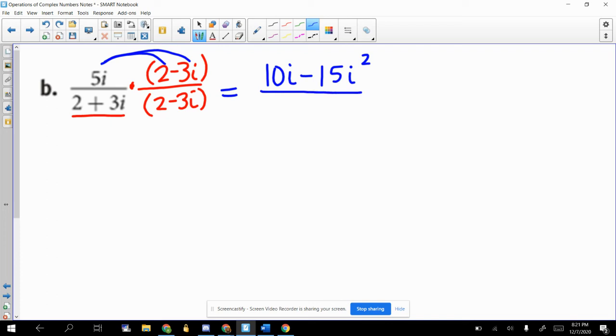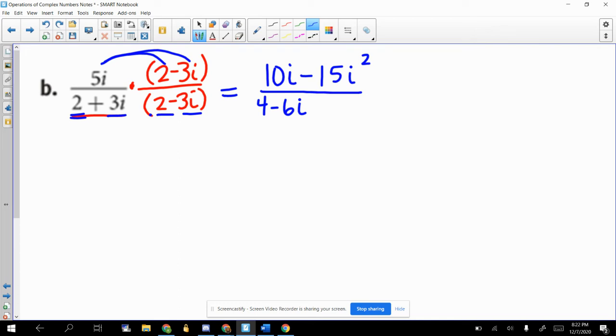Okay. Then on the bottom, unfortunately, we are going to have to FOIL here. But remember, these are complex conjugates. So if I FOIL, those middle 2 terms should cancel. So 2 times 2 is 4, those are my firsts. Then my outers, 2 times -3i is -6i.